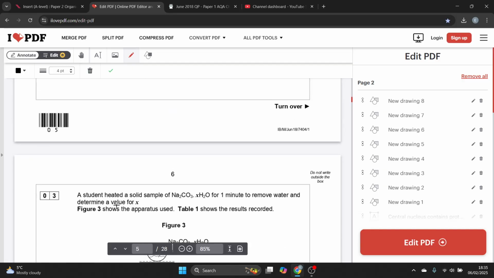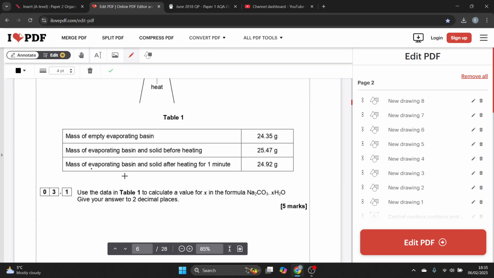Heat the solid for 1 minute to remove water. So if I subtract these, I will find the mass of this without water.